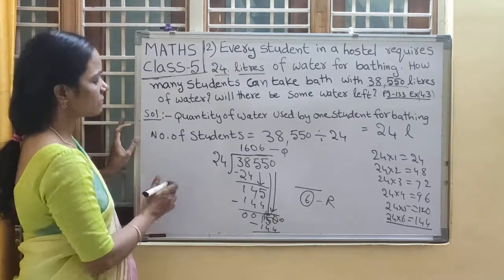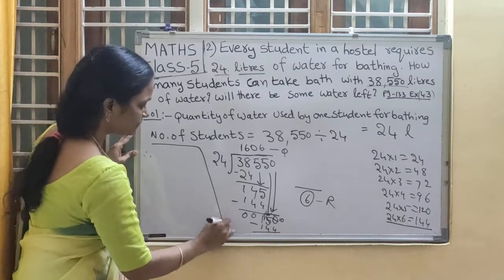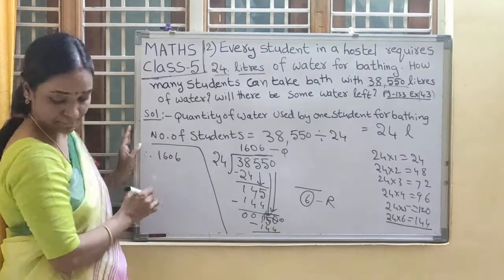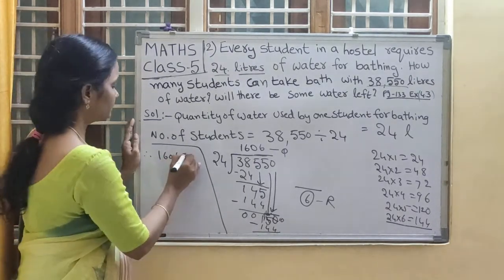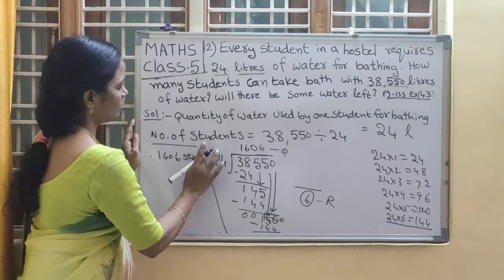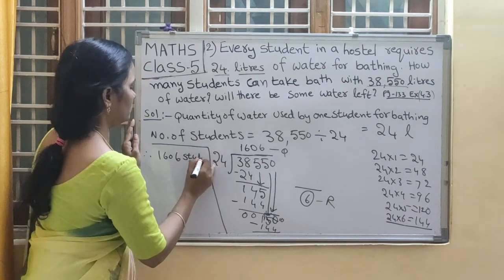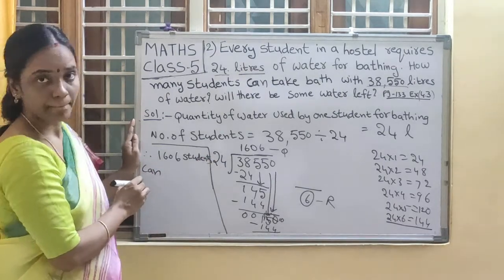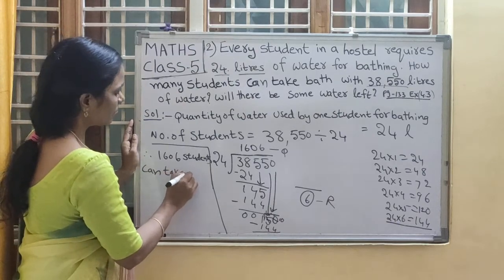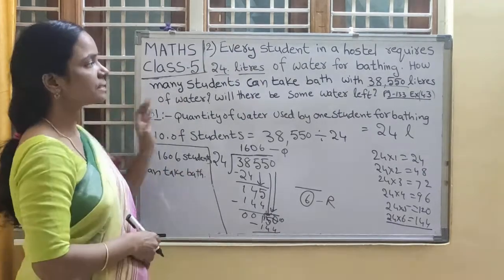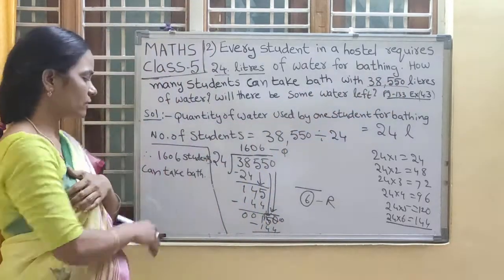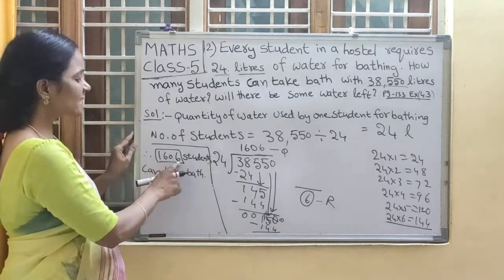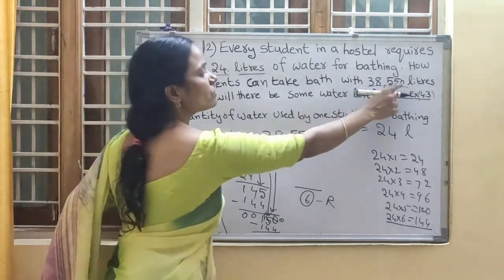So finally write down the final statement. Therefore, 1606 students can take bath with 38,550 liters of water. 1606 students can take bath using this much water.